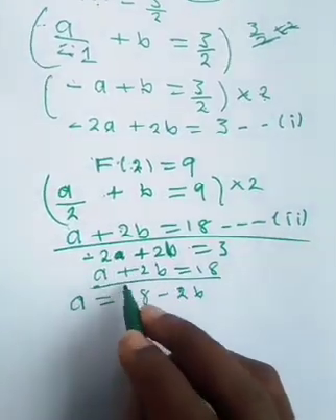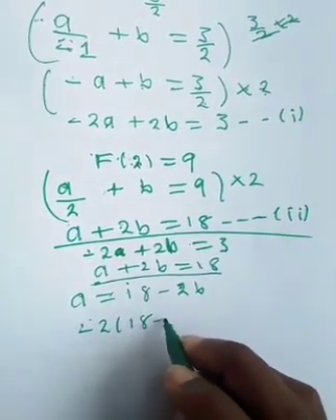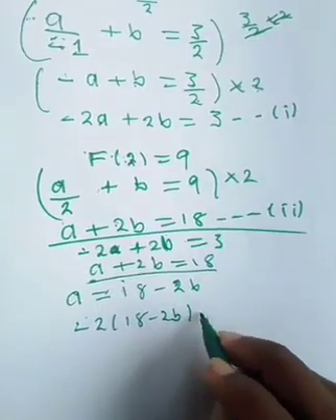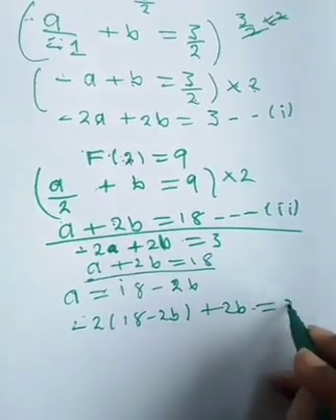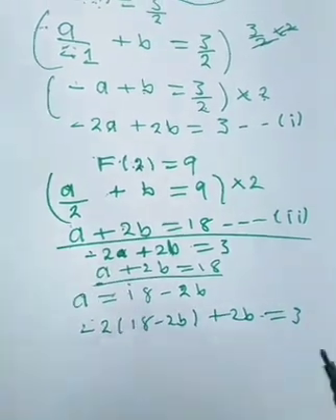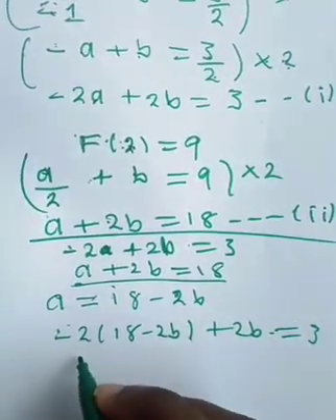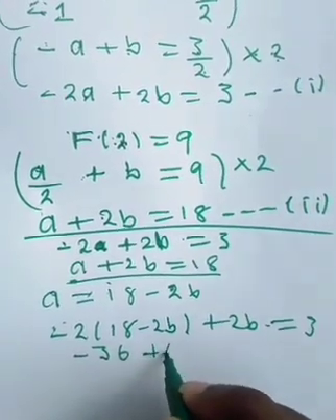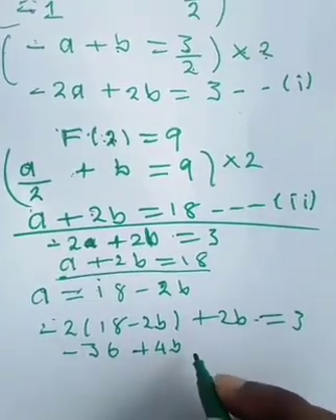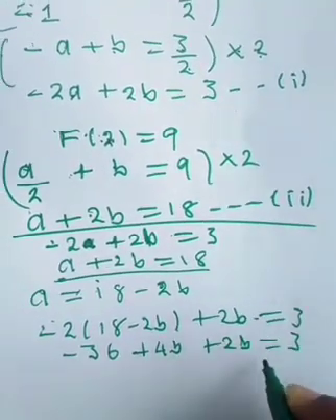So where this a is, I'll put this, so it's going to be negative 2 times (18 minus 2b) plus 2b is equal to 3. Then 18 times 2 is 36, so it's going to be negative 36 plus 4b plus 2b is equal to 3.